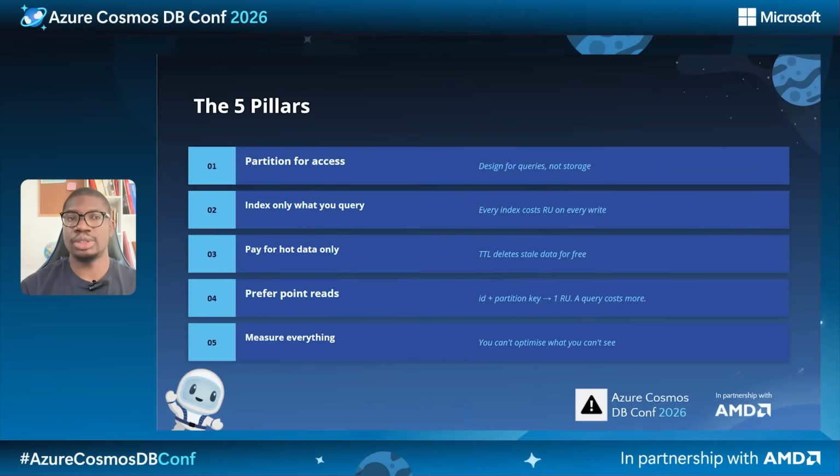Choose point reads where possible. Measure everything. You cannot improve what you cannot see. Azure Monitor, diagnostic logs, and SDK request charge logging together give you a complete picture. If you apply these 5 consistently, you would avoid most of the expensive Azure Cosmos DB mistakes we made in production.